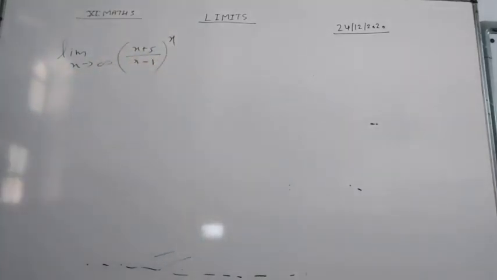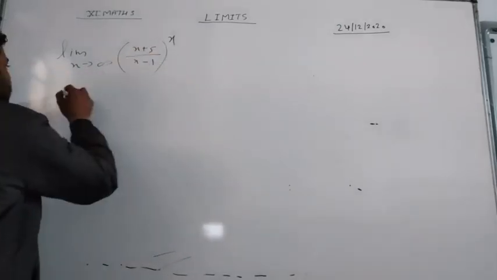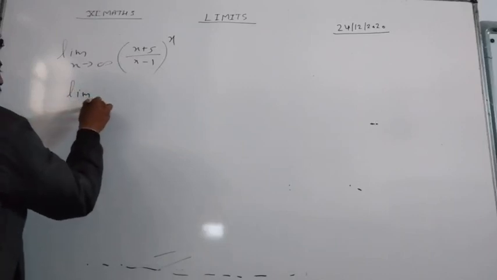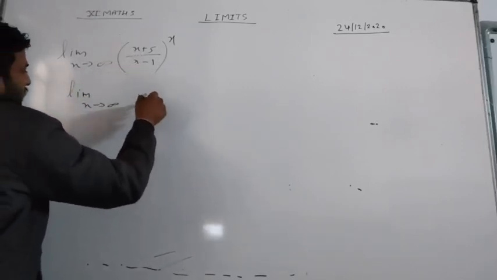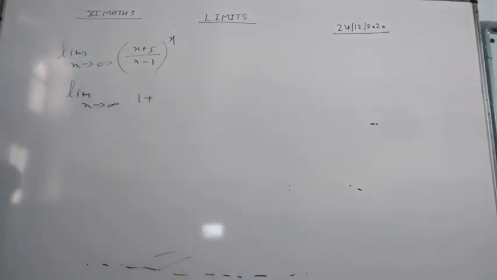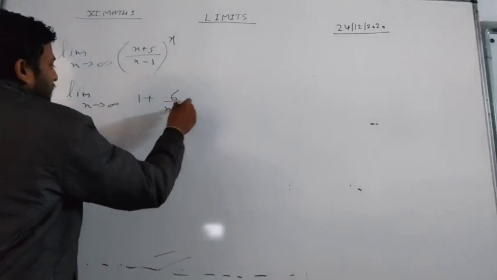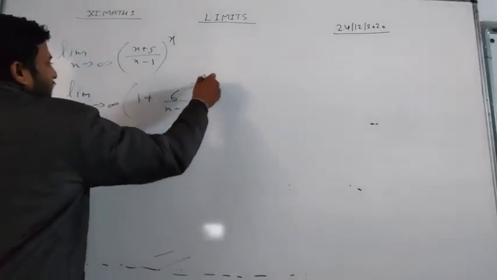Okay, students, so this is our question. We have to find the limit of this. First we will divide this term with this. When x tends to infinity and we divide this with this, we get (1 plus 6 by x minus 1) to the power x.